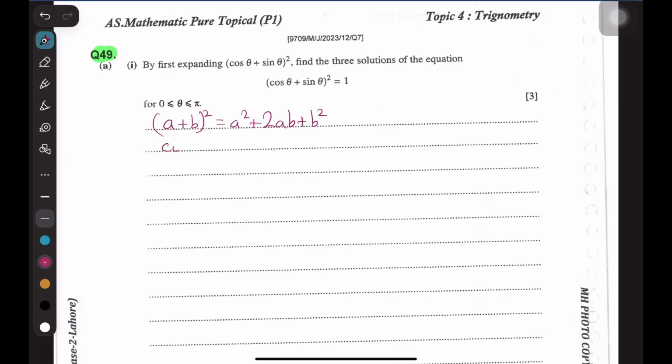So if I expand cos theta plus sine theta whole square using this identity, I'll have cos square theta plus 2 cos theta sine theta plus sine square theta.